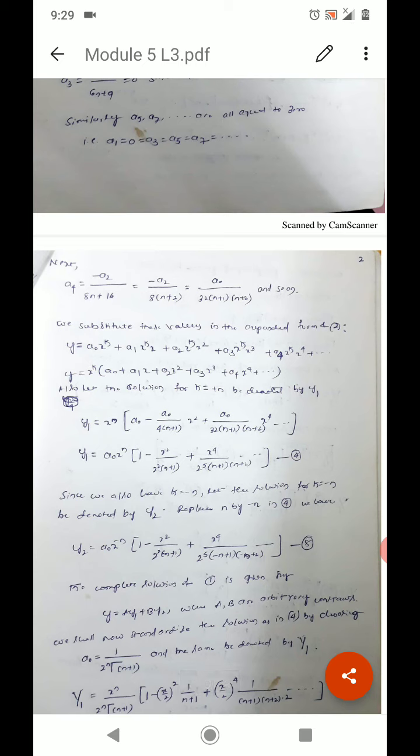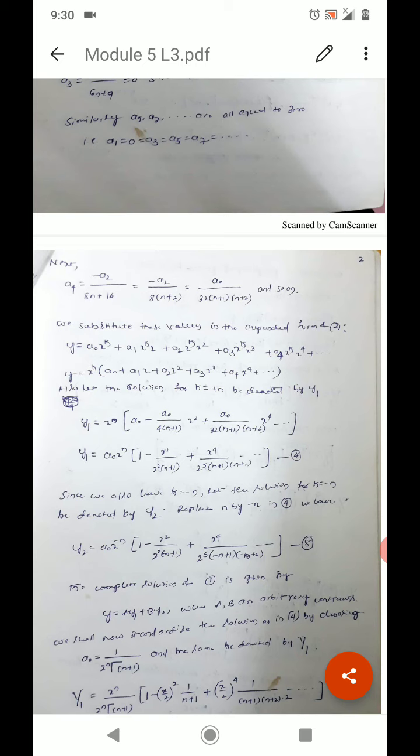Then we get y is equal to a naught into x power k plus a1 into x power k into x plus a2 into x power k into x square plus a3 into x power k into x cube plus etc. By taking x power k as common, we get x power k of (a naught plus a1x plus a2x square, etc.)